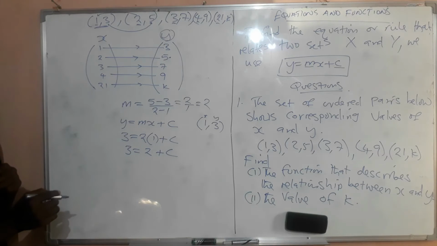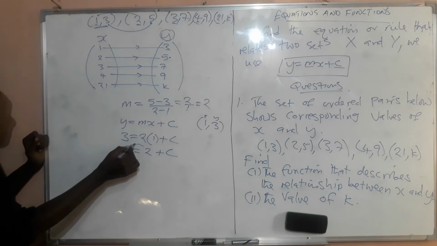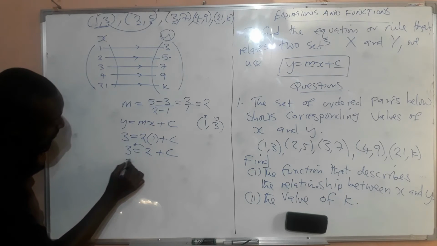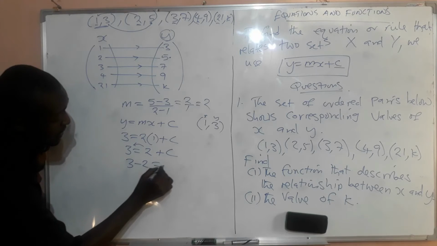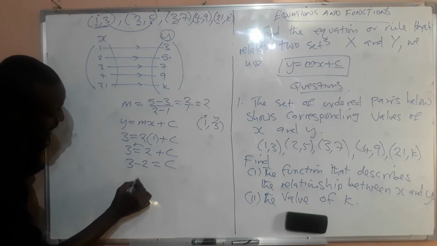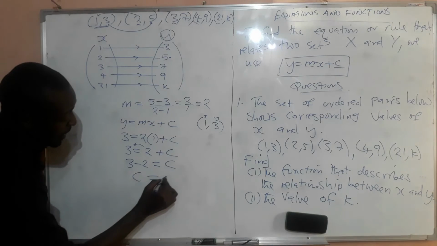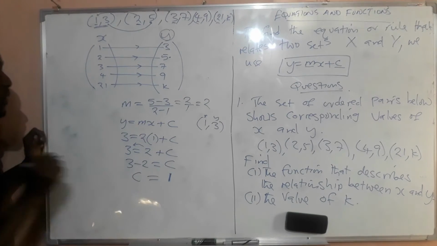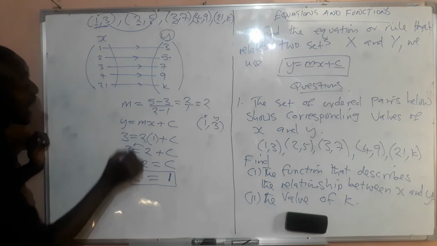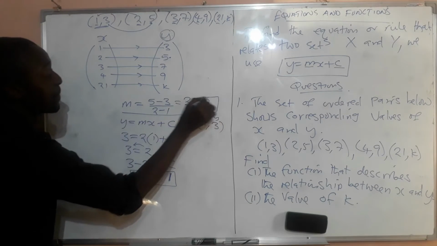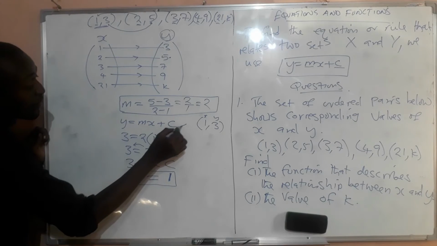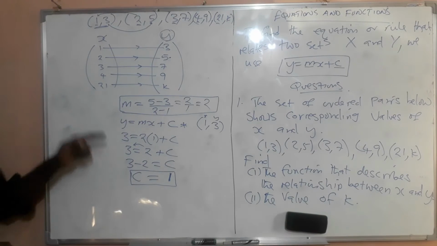And then we can collect like terms now. This 2 comes this side, and since it's a positive, it's going to be a negative number. So you're going to have 3 minus 2 is equal to c. When you subtract 3 minus 2, you find that c will be equal to 1. So now that we have c here, and we also have m here, we can now find the equation.